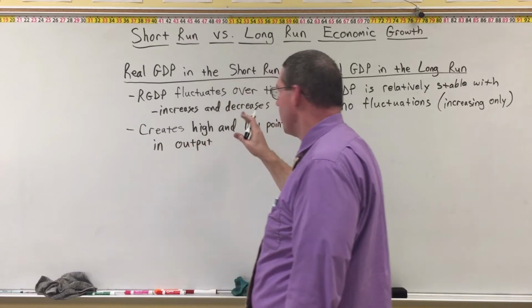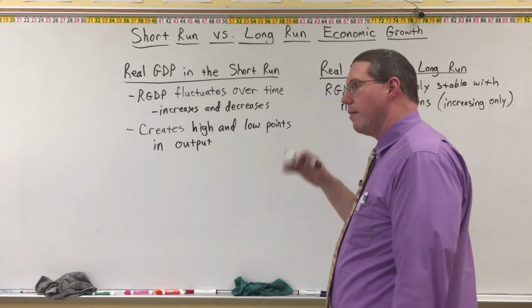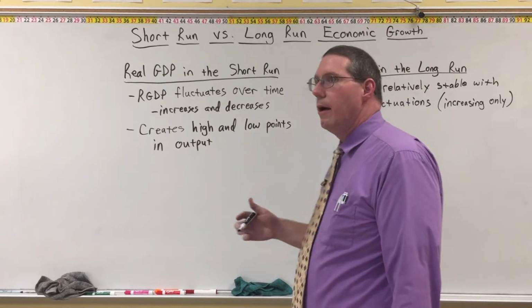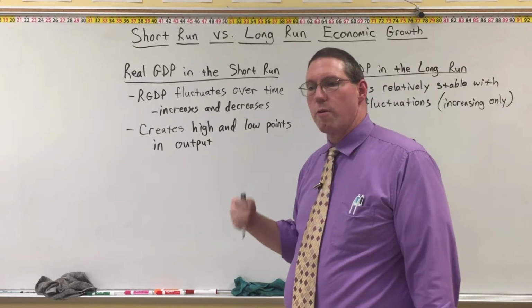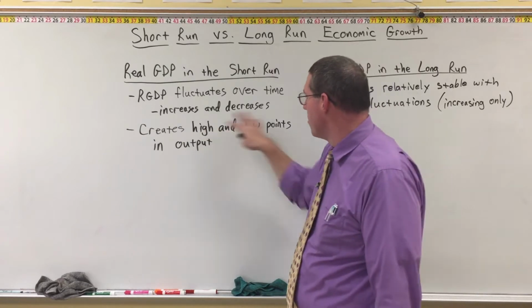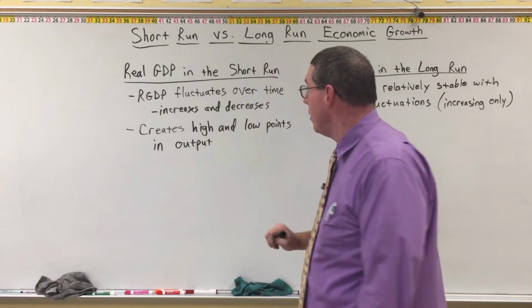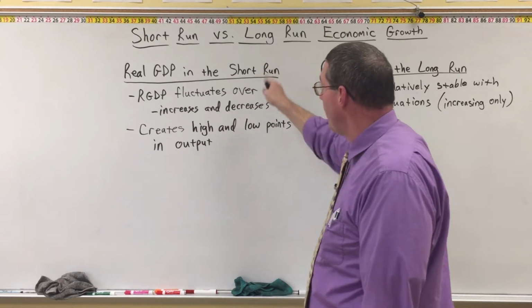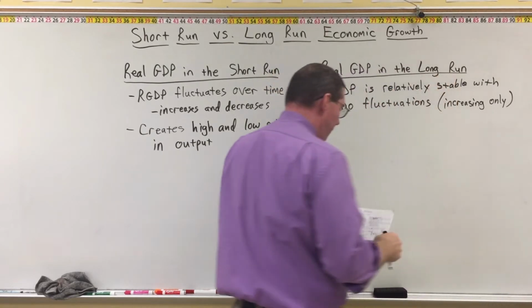Sometimes output is high, sometimes it's lower, high, then lower, and that's why we get recessions and booms and things like that in the economy, because of these high and low points in output in the economy. And that is a short-run phenomenon. That is not a long-run phenomenon.